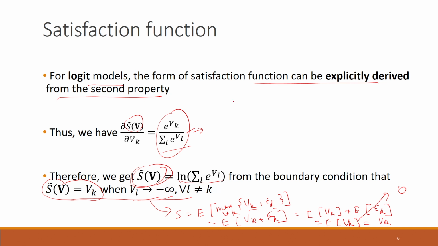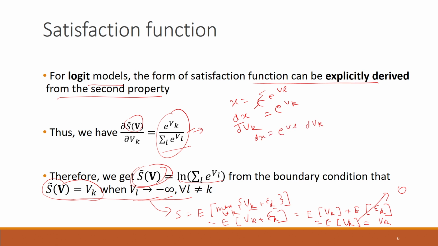Let us take x equal to the summation of e to the power Vl over all l. If we take dx by dVk, this will be equal to e to the power Vk. So dx is equal to e to the power Vk times dVk.